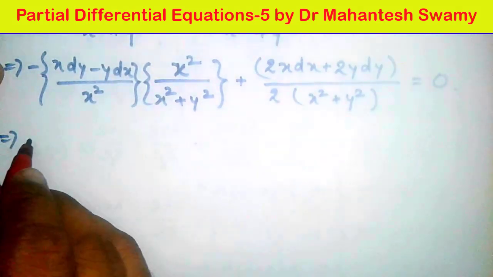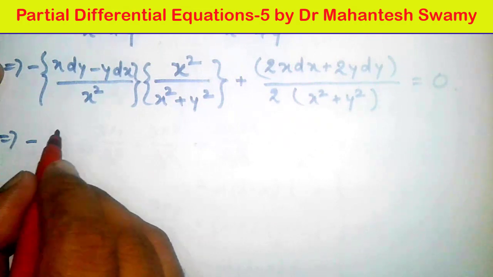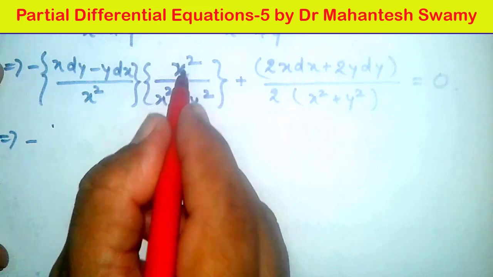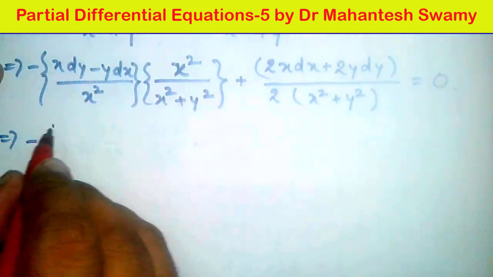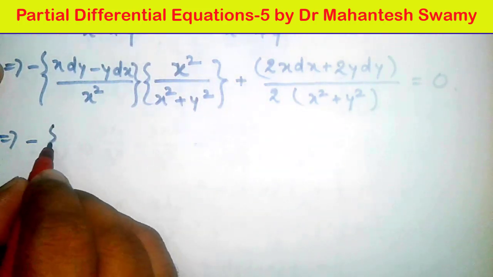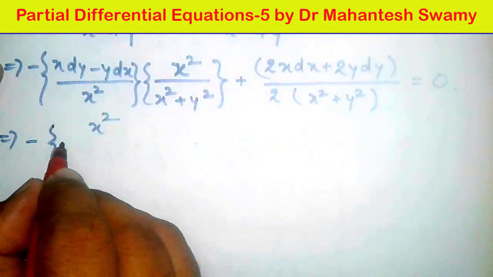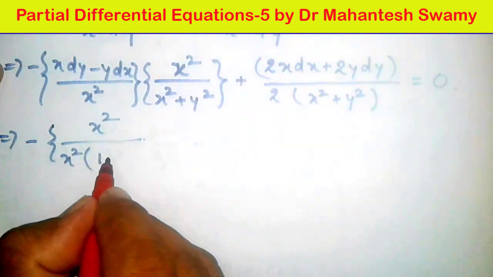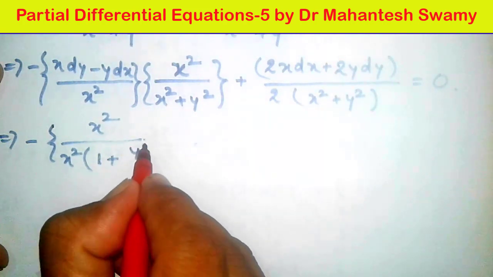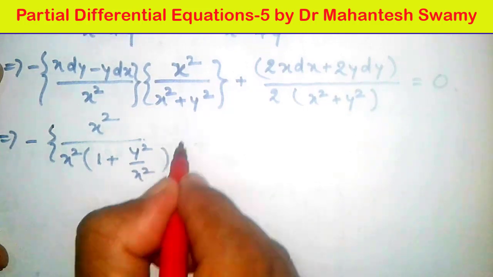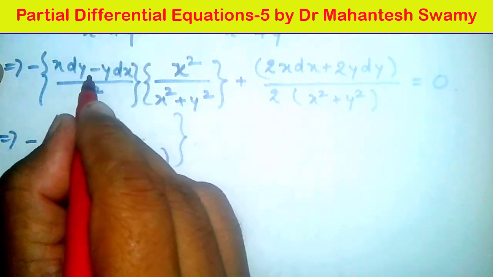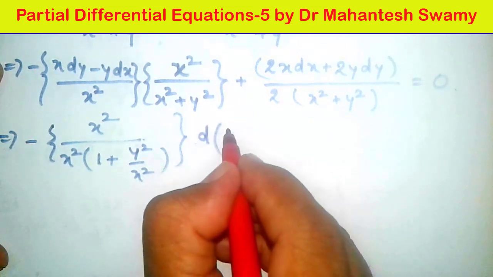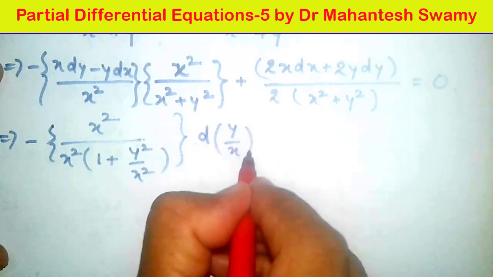Here minus bracket, let us keep this as the first term, taking x square common here, this minus sign as it is I am writing over here, x square as it is in the numerator divided by this x square. If I take x square common in the denominator, it will be 1 here, plus y square by x square, and the remaining this particular thing can be written as differentiation of y by x.